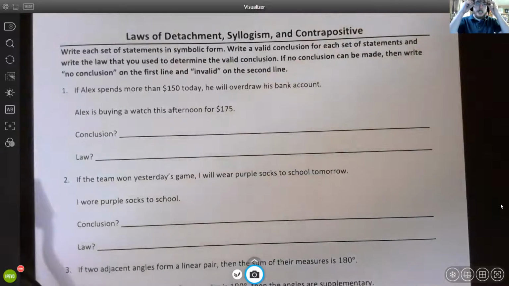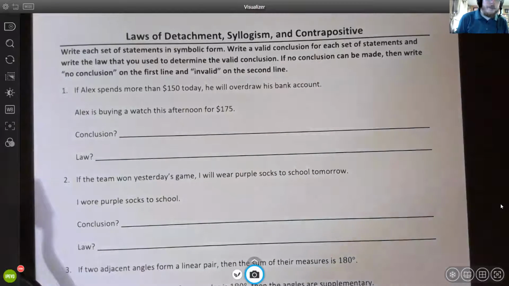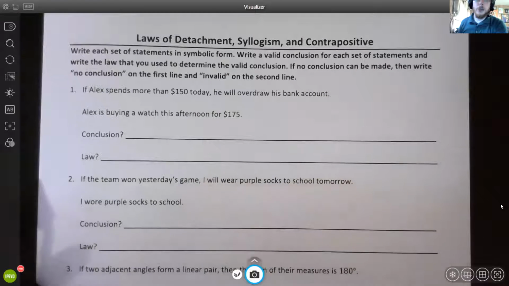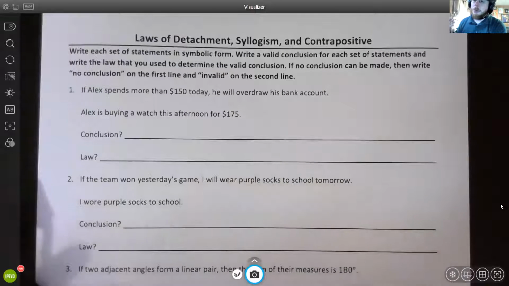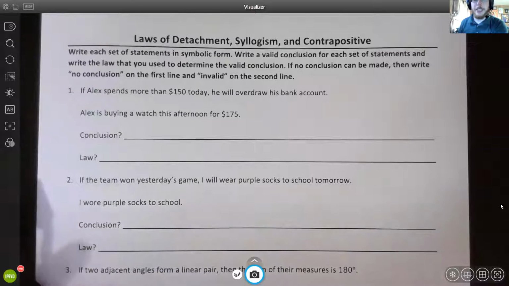It says, if Alex spends more than $150 today, he will overdraw his bank account. Alex is buying a watch this afternoon for $175. So first thing is we're going to put it in symbolic form. So remember, you have P, Q, R, and so on. P is always going to be the hypothesis of your first if-then statement.